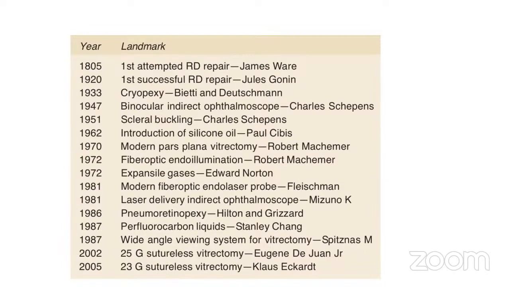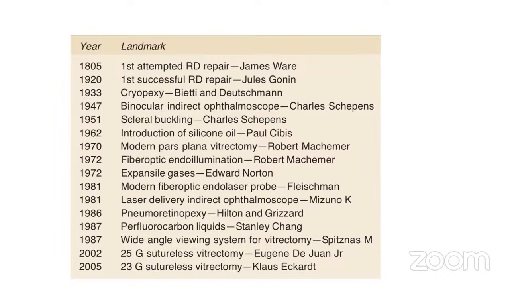So the first attempted RD repair was done by James Ware, and successful RD repair was done by Jules Gonin. The binocular indirect ophthalmoscope was by Charles Kippens, and scleral buckling also was done by Charles Kippens.